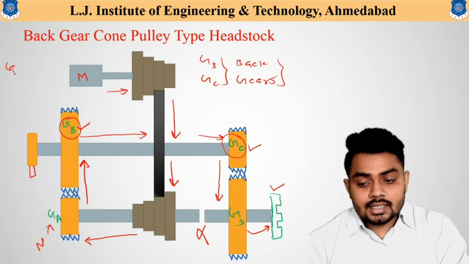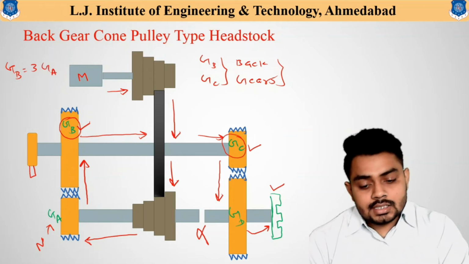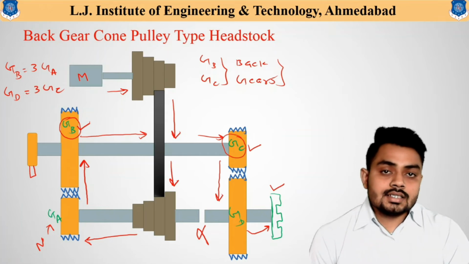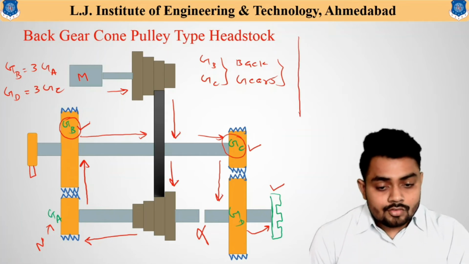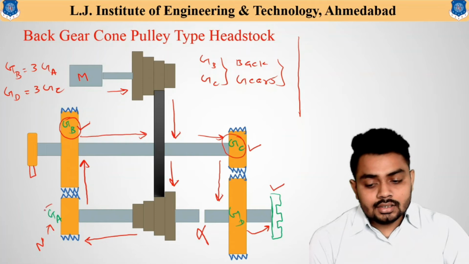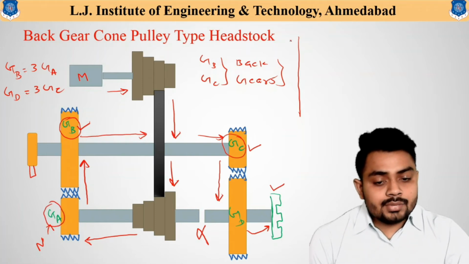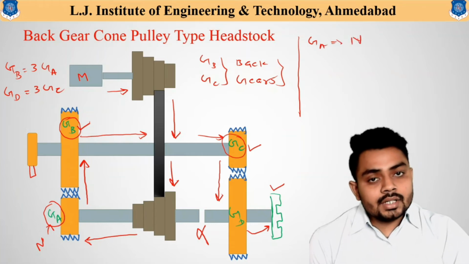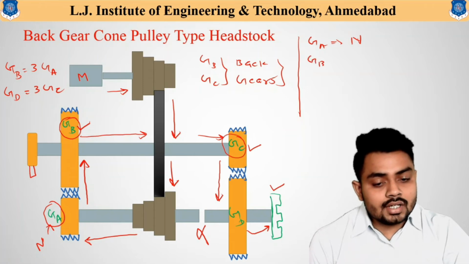If gear B is 3 times gear A, similarly gear D is 3 times gear C. So from the simple gear ratio equation, if gear A has N RPM, then we can see that gear B has N divided by 3 RPM.